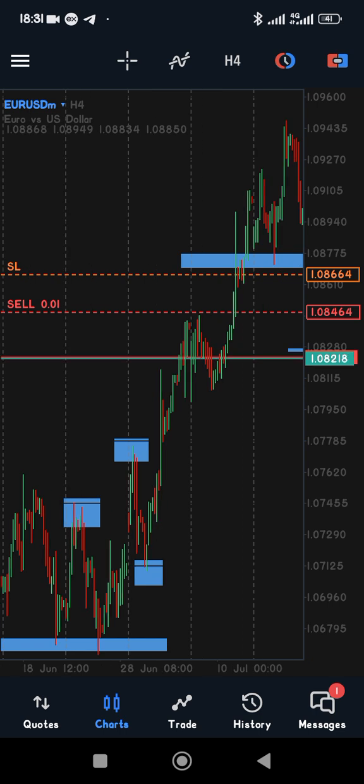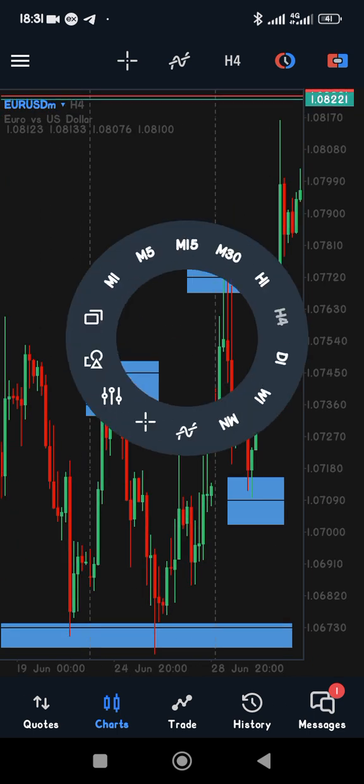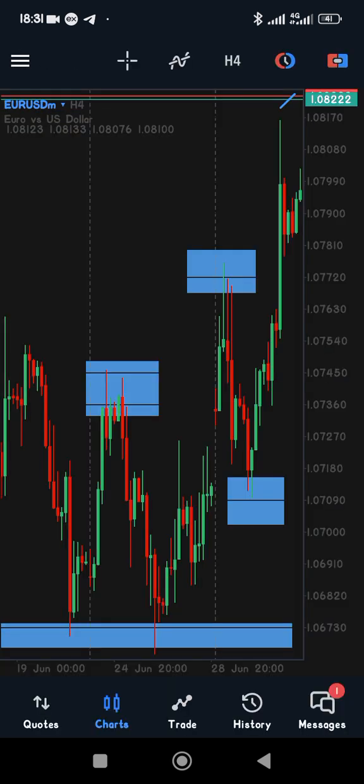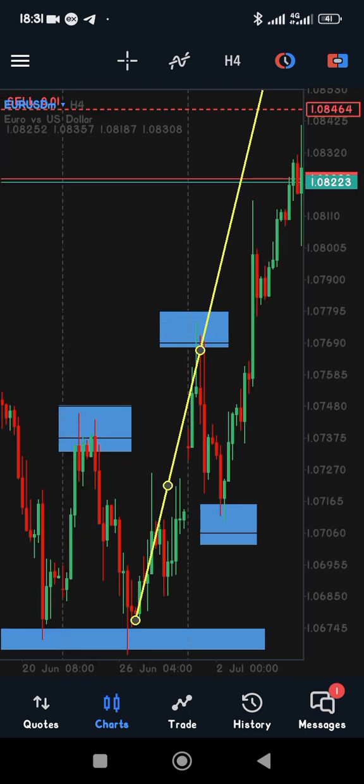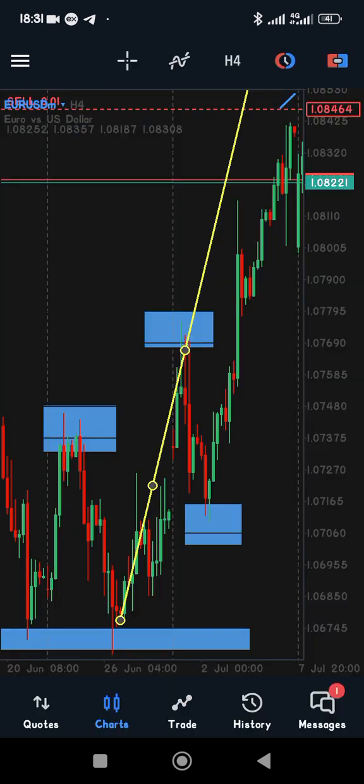So to enter this particular trade for a buy, when the market broke out, you need to wait for a retest. And you see when the market broke out from this place, the best thing is to wait for a retest, retracement.